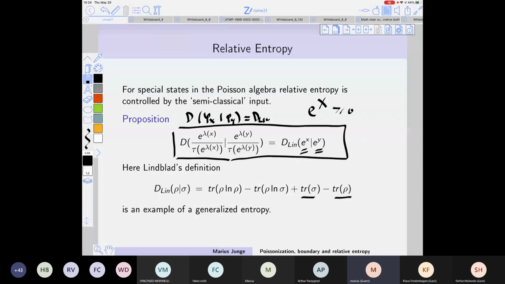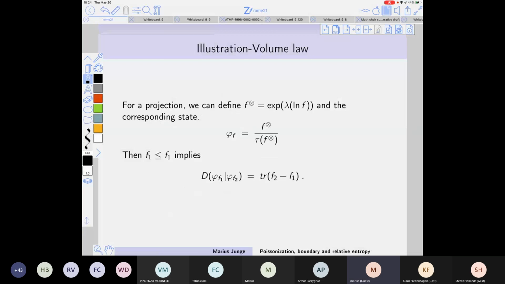Yeah, so this is the general feature which holds for all of these Poisson processes whenever they occur. Good. So for instance, if you have a projection, you can formally take ln f. Well, it's not very finite, but this exponential lambda of ln f actually makes sense. So what we get here is the relative entropy of these new states: if you have two projections, f1 less than f2, then phi of f1 is a state which corresponds to a quantized projection.